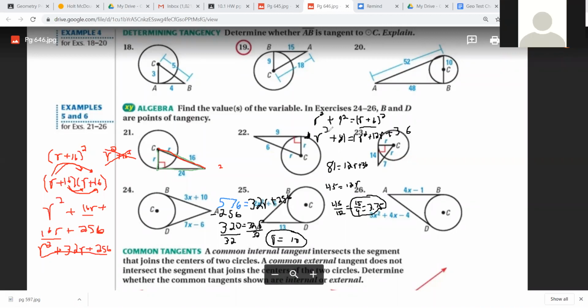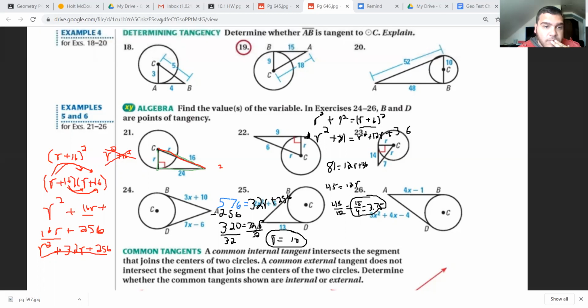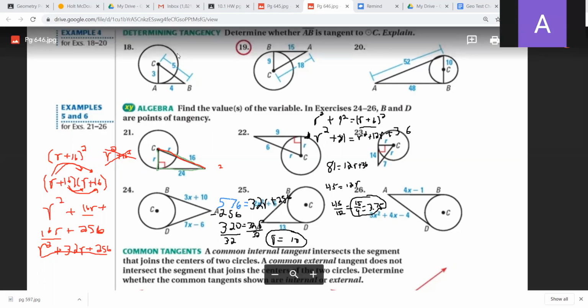R squared plus 81 equals r squared, a little 1 there, r squared plus 12r plus 36. What was the answer to number 21? I forgot. Number 21 was 10. Okay? I just want to make sure everyone got to 3.75.